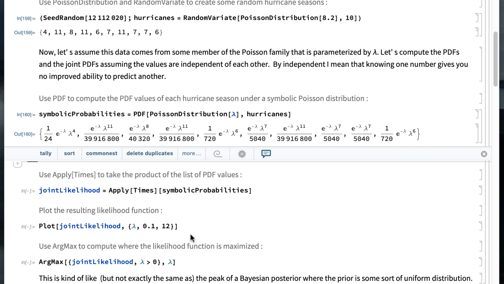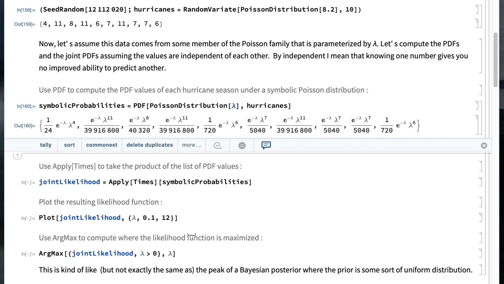Okay, so we can take the product of these. If we assume that the number of hurricanes one year is independent of the number of hurricanes the next year, which is not a great assumption in the real world, but you're going to have to indulge me here, then we can get the joint probability that we would see this combination of hurricanes over a 10-year period.